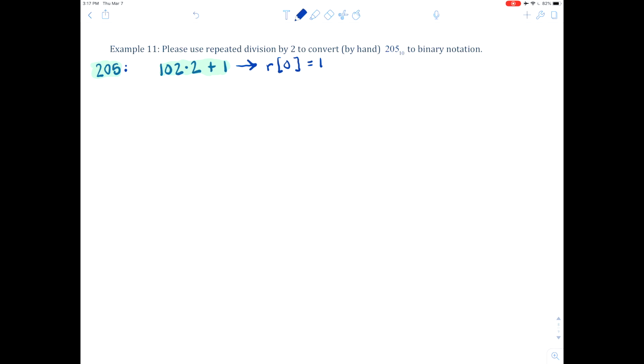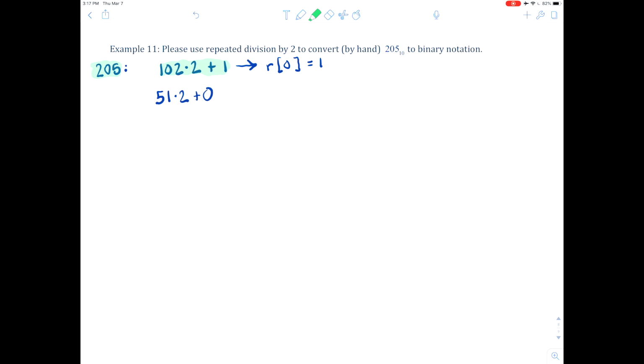So now we look at 102. So what would I multiply 2 by, and then what remainder would I have? So do you see that 102 is equivalent to what? 51 times 2 plus 0, right?